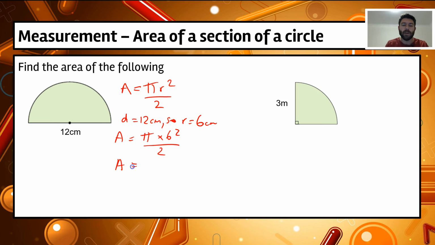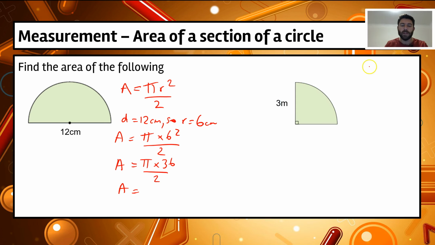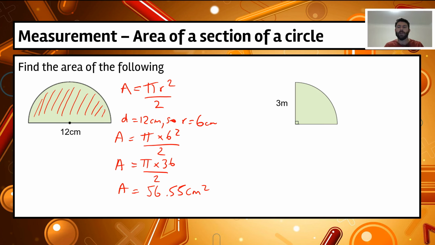That equals pi times 36 divided by 2. That equals, calculator, pi times 36 divided by 2 equals 56.548, which gives me 56.55 centimeters squared. So we're just calculating this area in here.